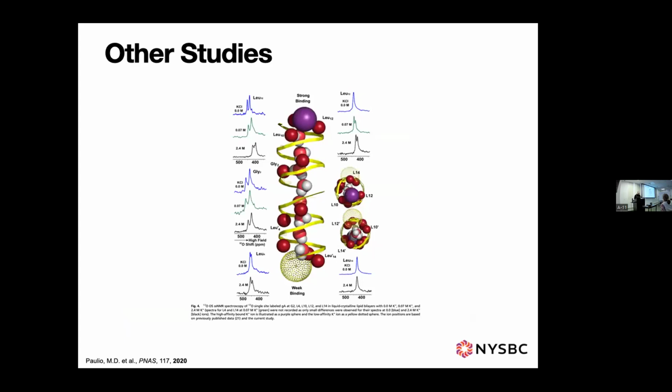Here's another look at it, where they looked at its dependence on the amount of potassium ions and looked at where the potassium ions were strongly or weakly bound. Strong binding, weak binding potassium, and you can see near L14 you have the weak binding, and L10 is strong, so you see the strong shift of that.